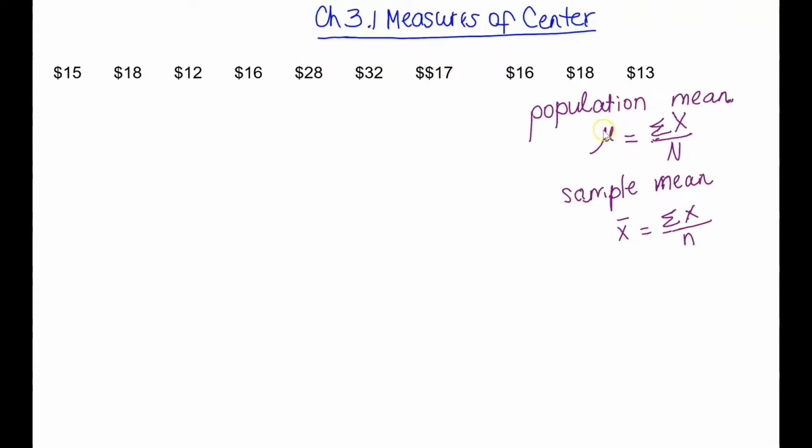Population mean is abbreviated as mu and is equal to the sum of all the data values divided by the number of the data values. This symbol means the sum. It's the Greek letter sigma. The sample mean is abbreviated as x bar, and it's equal to the sum of all the values in the sample divided by the total number of the values in the sample.